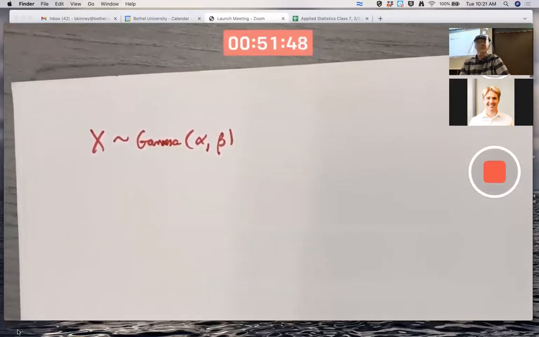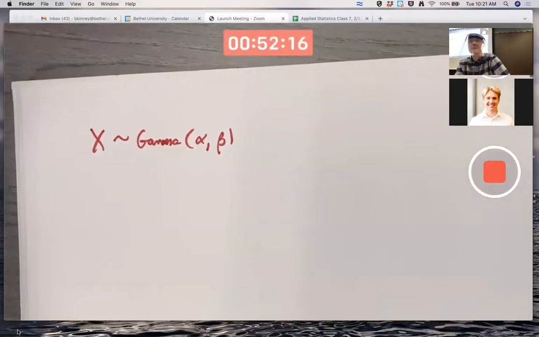Probably the distribution of the number of spins to win chutes and ladders is not some well-known distribution in reality. Perhaps it's even undescribable in terms of relatively simple math. So when I say I'm going to use a gamma distribution to describe it, what I'm really doing is making an assumption. I'm modeling. It's mathematical modeling, statistical modeling. I'm assuming it has a gamma distribution.